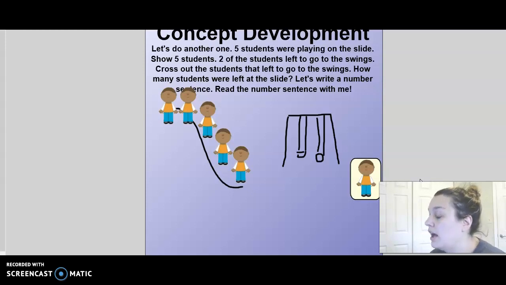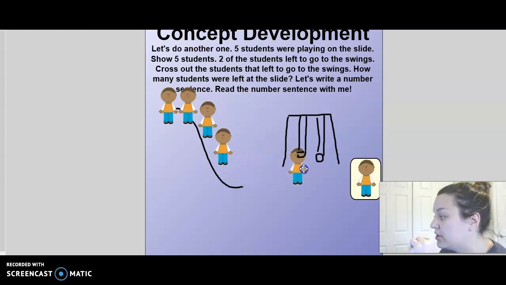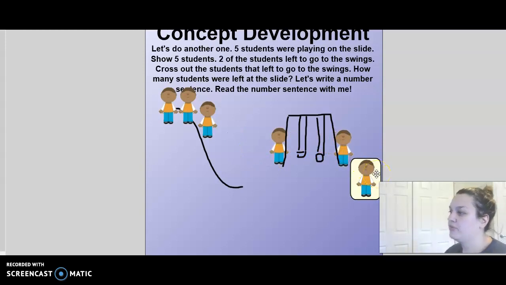So I want you to think. 5 students were playing on the slide. 2 of the students left and went to the swings. They're going to come over here. Okay? How many students are left at the slide?